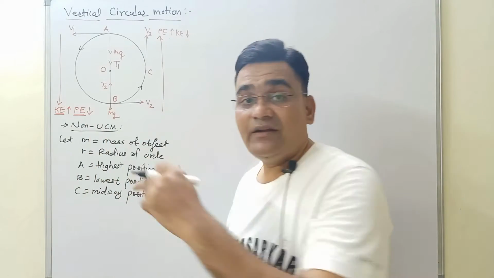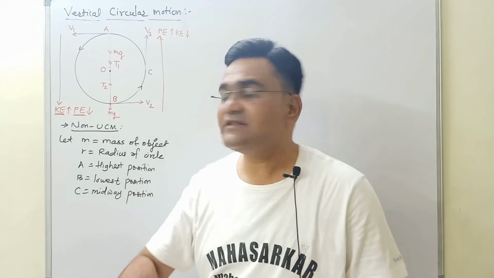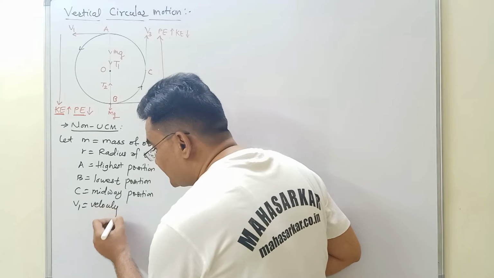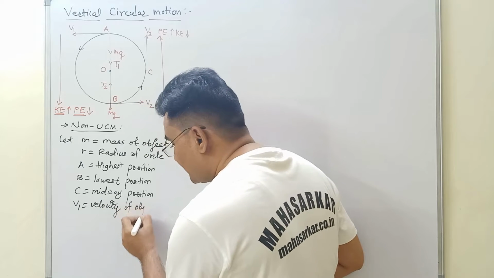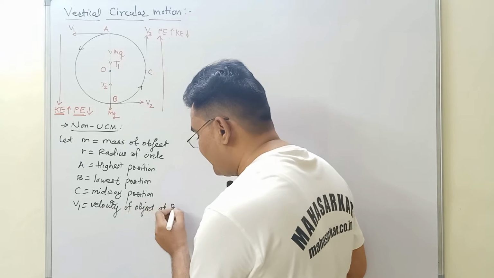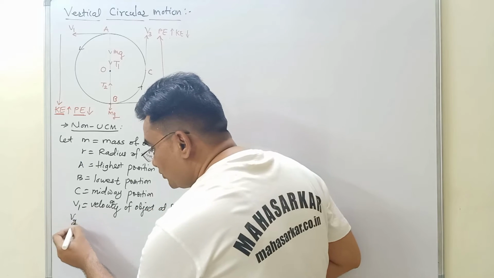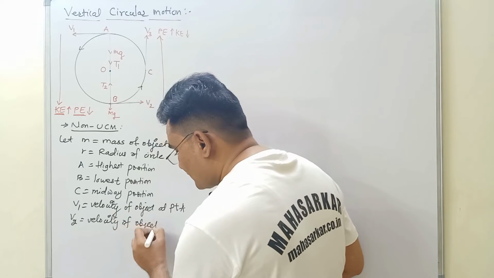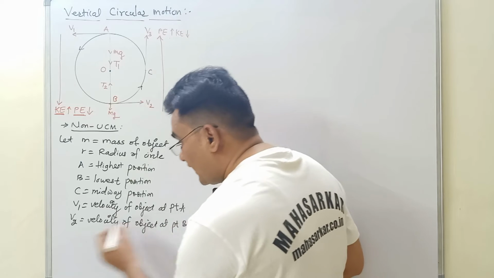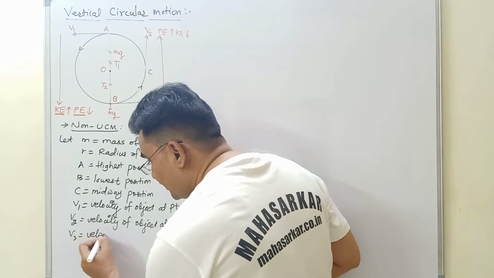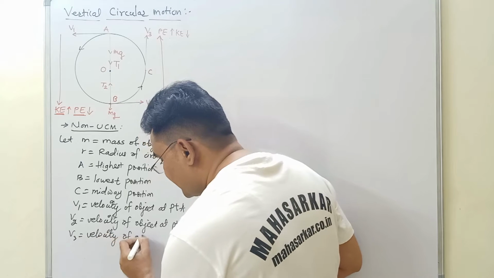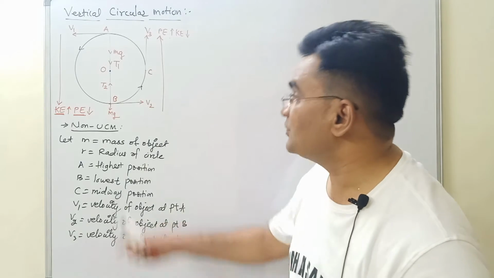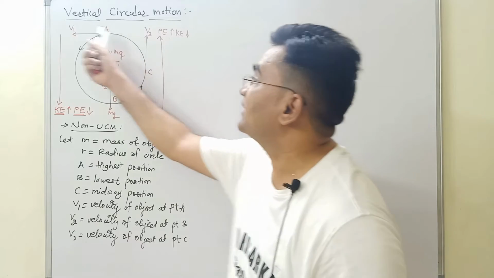Now as I said, velocities, kinetic energies and all the factors are changing here. Because of that, say V1 is the velocity of that object at point A, V2 is the velocity of the object at point B, and V3 be the velocity of the object at point C. So these three are the corresponding velocities at points A, B and C and their corresponding directions.